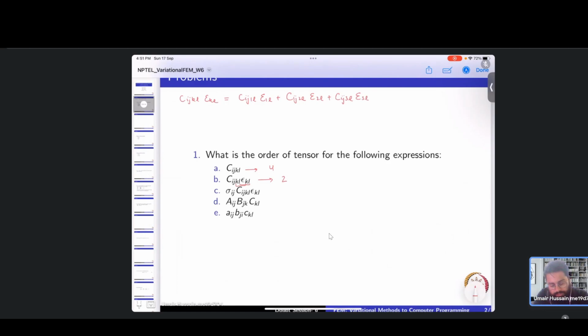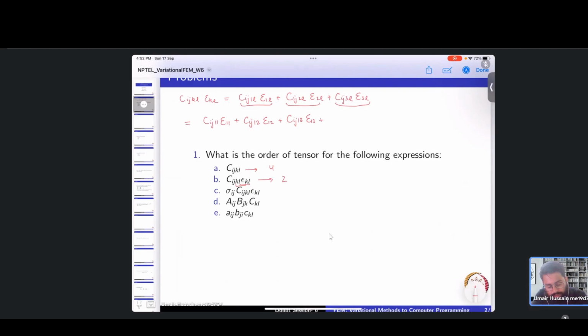Now next we expand the L. So for each of these terms we'll have three terms each. We'll have a total of 9 terms. Cij11 epsilon 11 plus Cij12 epsilon 12 plus Cij13 epsilon 13.